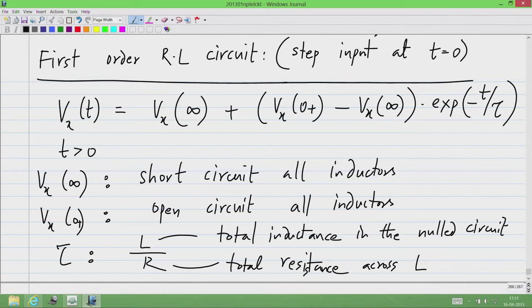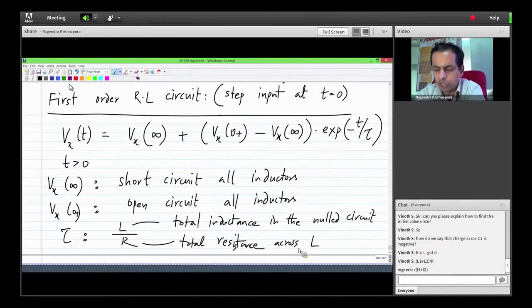Across L. Okay. So, the algorithm is exactly the same, except that the time constant is of the form L by R. Okay. Hopefully, with this information you will be able to solve for step response in any RL circuit as well. Okay. Any questions about this?